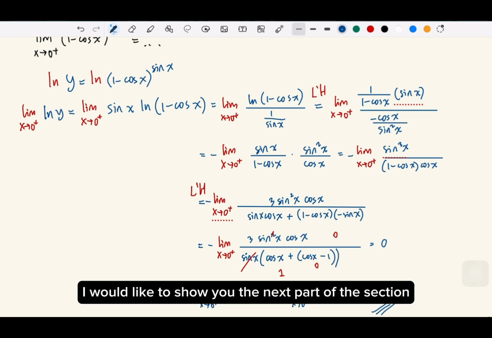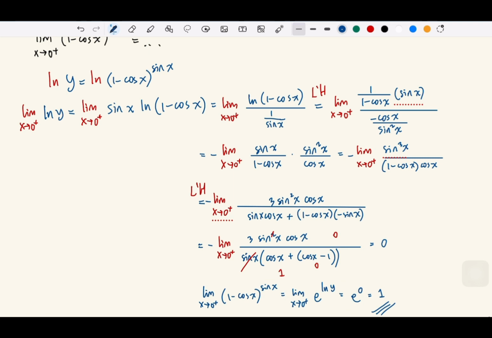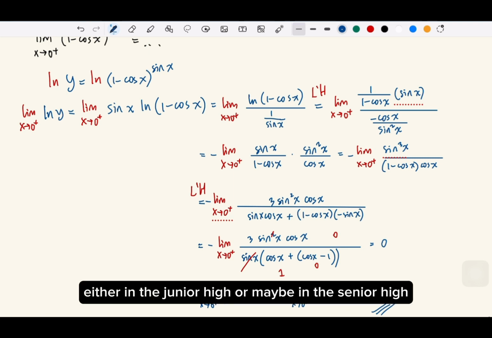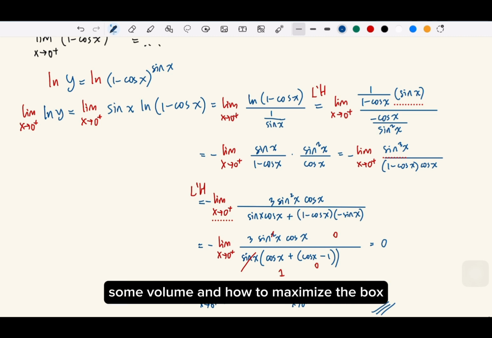But before the break, I would like just to show you the next part of the section, which is the optimization problems, which actually related to our maximum minimum problem. So if you remember, either in the junior high or maybe in the senior high, you usually have questions like, I have a box, I want to put some water inside, with some volume, and how to maximize the box, okay?